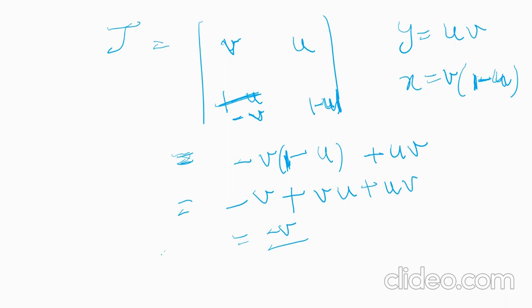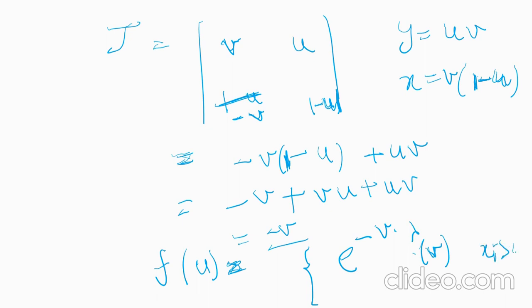Now f of u, v, and we always take the modulus of the Jacobian, so it will be lambda square e to the power minus lambda v times v, with u between 0 and 1 and v greater than 0.